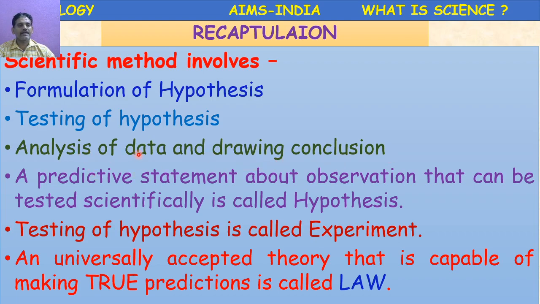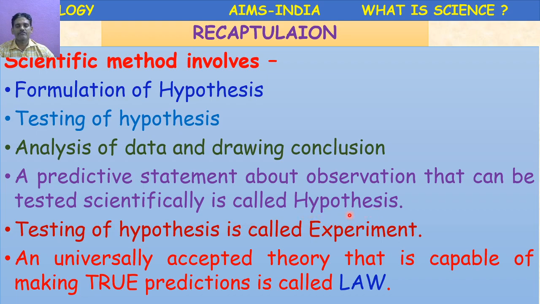We studied that in analysis of data, by using graphs or by using pie chart. Like that, data can be analyzed. Then a predictive statement about observation that can be tested scientifically is called a hypothesis.